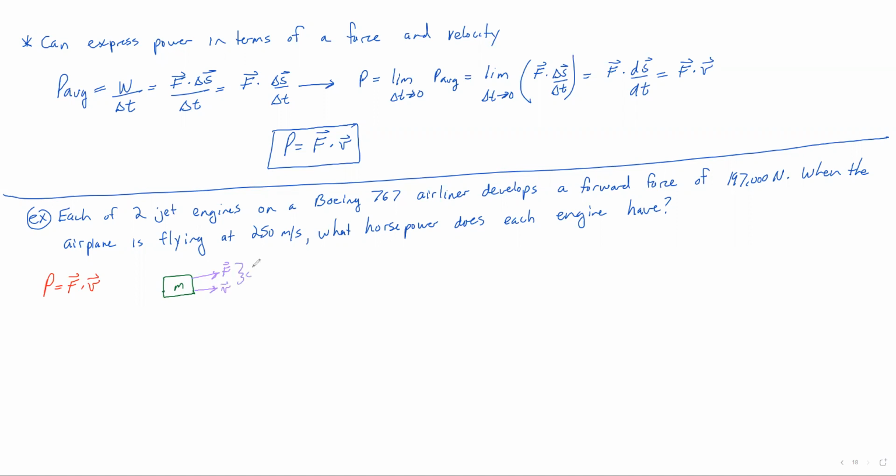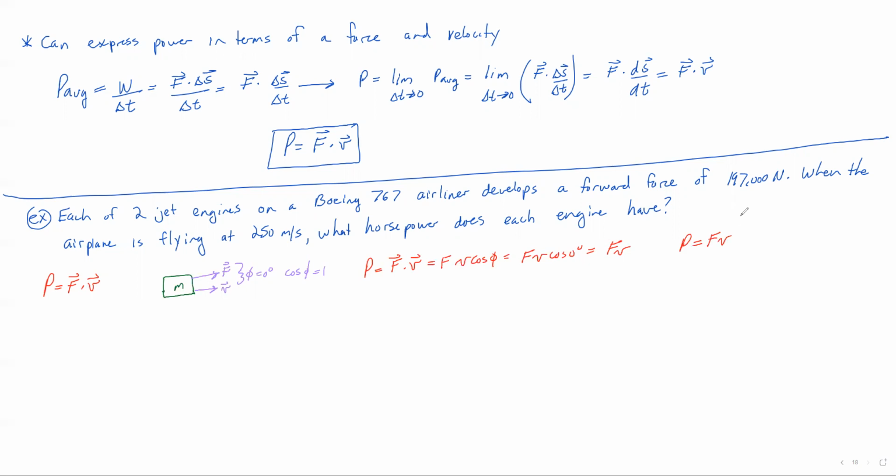So in this case, phi is going to be 0 degrees and the cosine of phi is going to equal 1. So the power is F dot V, which is FV cosine of phi, which is FV cosine of 0 degrees, which is just FV. So for this particular problem, we're going to use power is equal to FV.